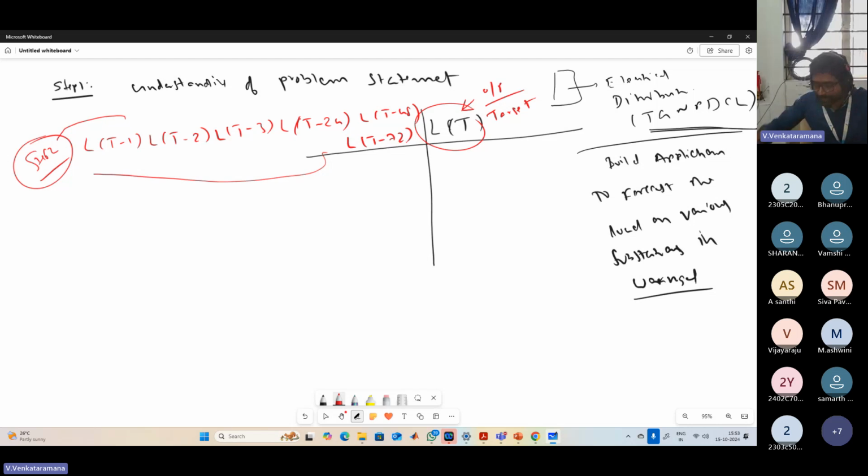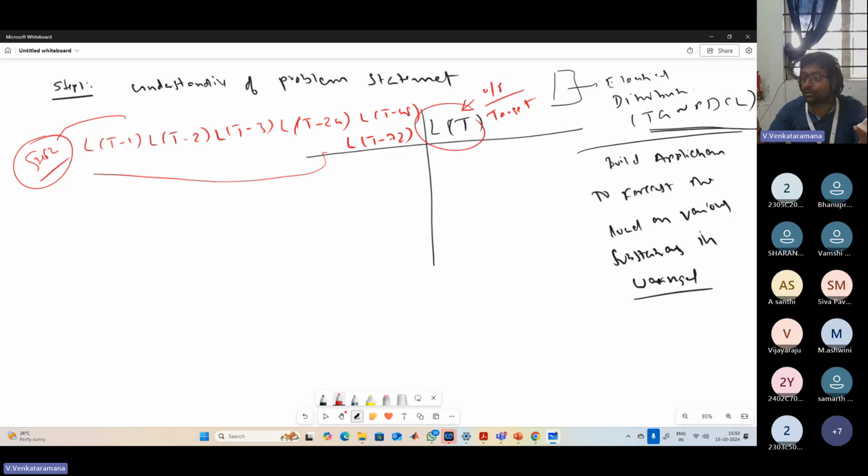Fine. So that is the second step. After understanding your problem statement, next you need to identify what features you can consider to estimate the target variable or the output variable. So that is your second step.